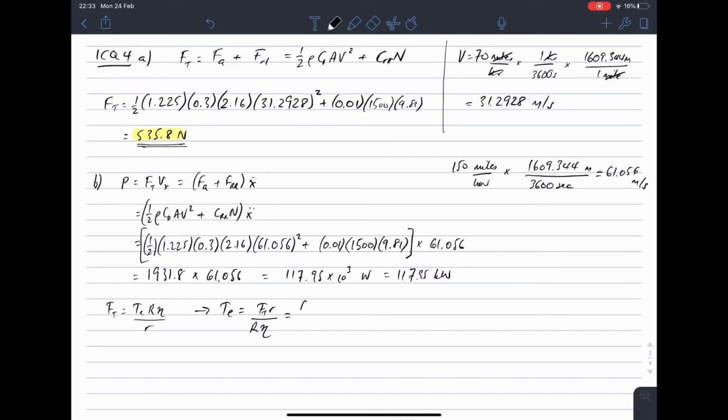If we plug in the numbers, 1931.8 times by 0.31745 divided by 3 and divided by 0.9. Doing that sum, you get 227.13 newton meters.